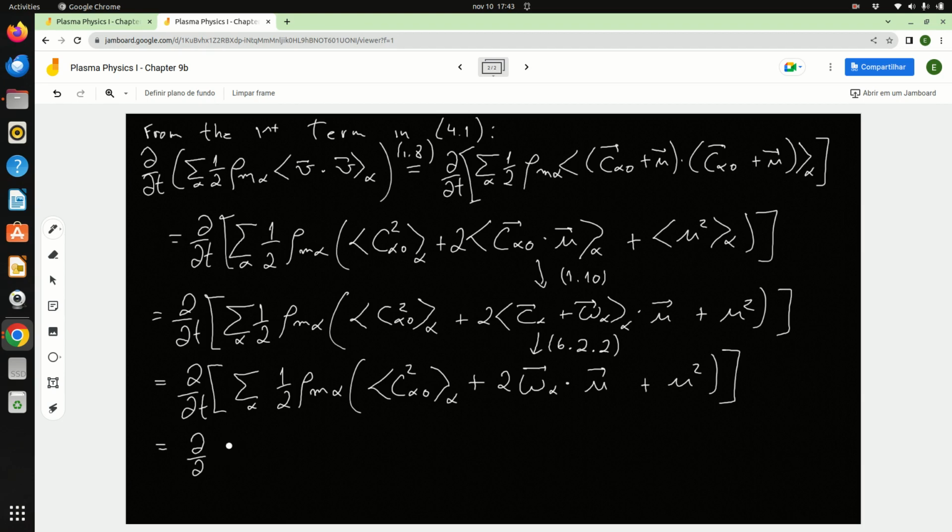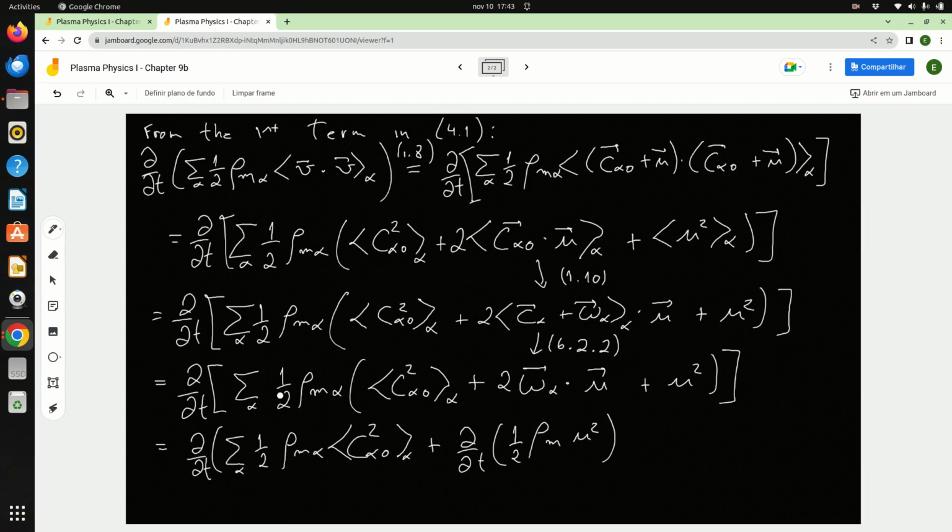It's the derivative in relation to t of alpha 1/2 rho m alpha c, plus... Okay.